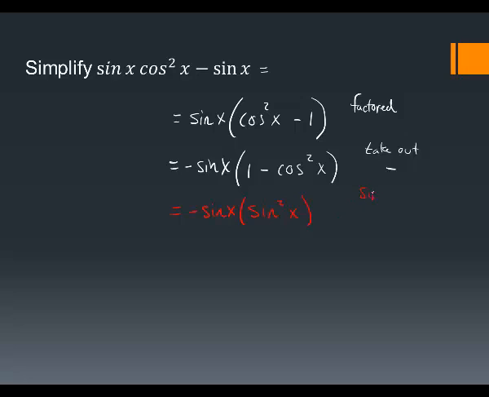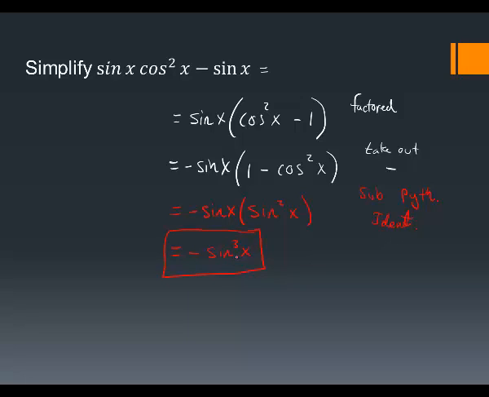So I'm going to put substitute Pythagorean identity. Okay? So we substitute it in, and we find out that when you multiply these together, this is negative sine cubed x. We have a simplified version. Nothing else simplifies even more. Okay?